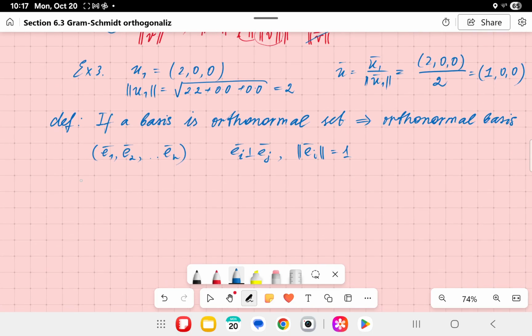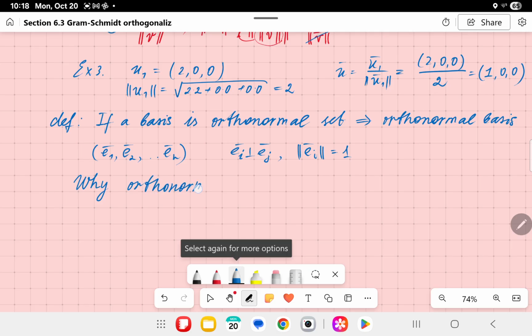So let's write down the question. Why is an orthonormal basis good, or better than just any basis? Well, remember that usually we need a basis to find the representation of a vector as a linear combination of vectors of the basis and use the coefficients of that linear combination as coordinates.